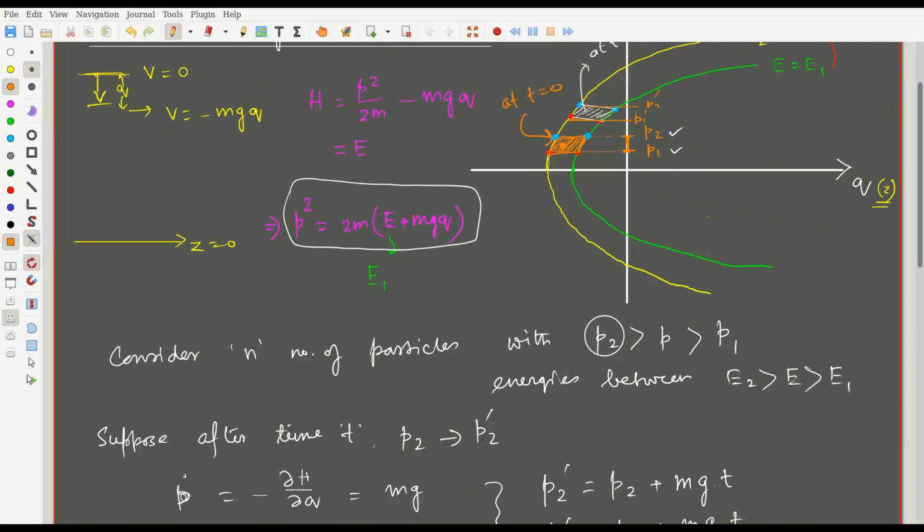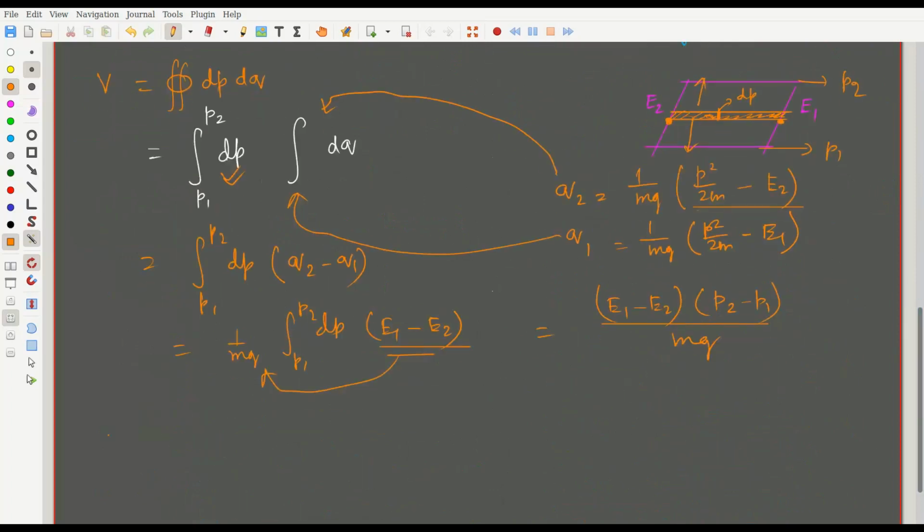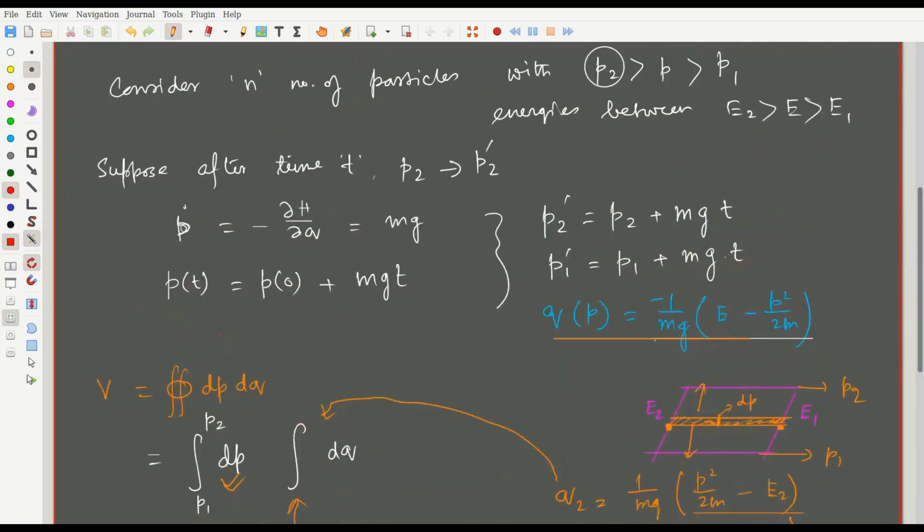You draw it properly, and you do the same integration, and you call the last integration v prime. So e1 and e2 don't change, remember, because those are the constant energy, but your momentum changes, p2 prime minus p1 prime by mg. But notice the evolution of p is such that p2 prime minus p1 prime is the same as p2 minus p1.